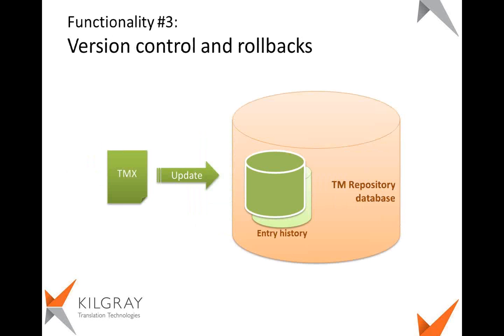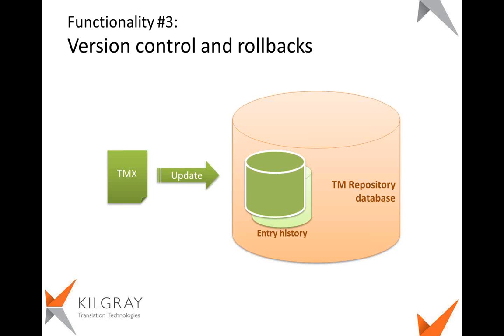The third functionality is about version control. I mentioned that whenever you update the translation memory database, the earlier versions of the updated translation units are preserved, because an update can go wrong for many reasons.